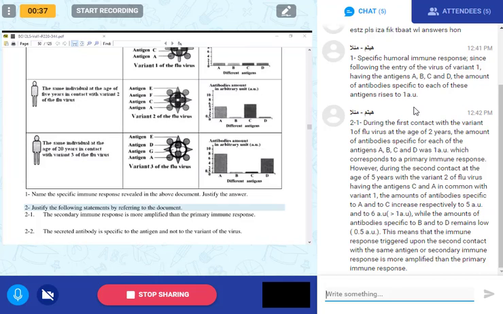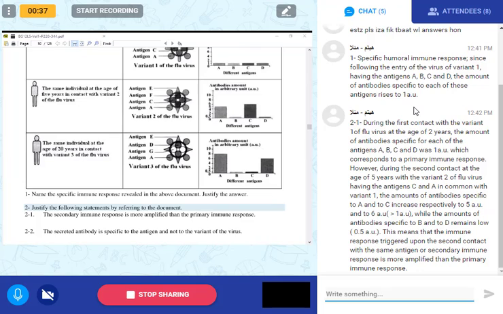However, during the second contact at the age of 5 years with the variant 2 of the flu virus, having the antigens C and A in common with the variant 1, the amount of antibodies specific to A and C increase respectively to 5 AU and to 6 AU, which is higher than 1 AU, while the amounts of antibodies specific to B and D remain low, 0.5 AU.